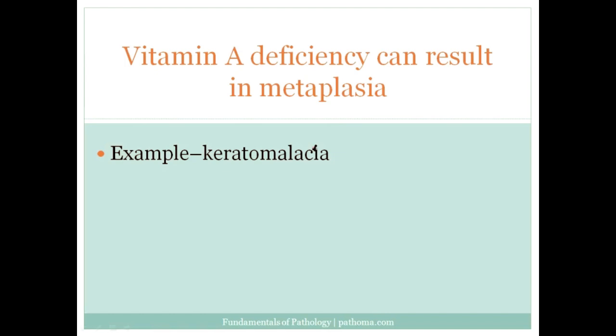Another important feature of vitamin A deficiency to bear in mind is that patients who are vitamin A deficient can become deficient in their immune system as well. And vitamin A is necessary for proper maturation of the cells of the immune system. A classic example, maybe you recall this, when patients get a 15-17 translocation, they develop a disease that's very high yield, which is called acute promyelocytic leukemia.